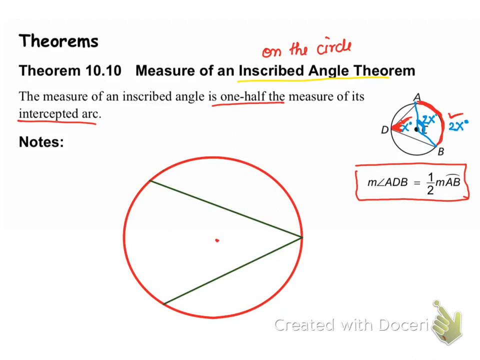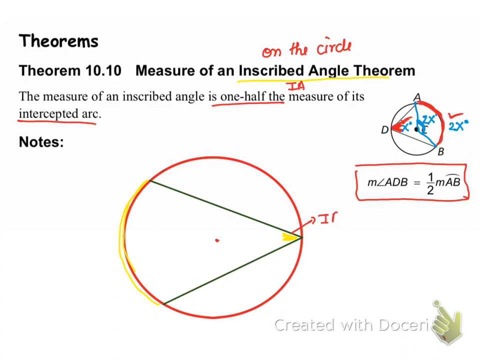All right, so let's take an example. Here we have a circle, and this is the intercepted arc, and this is the inscribed angle. For inscribed angle I'm using IA.